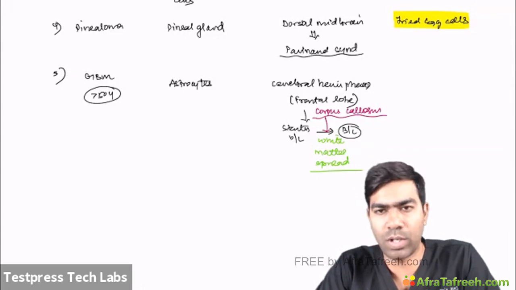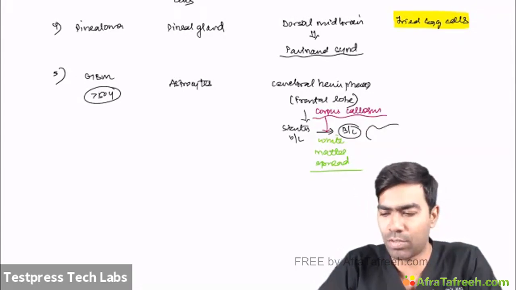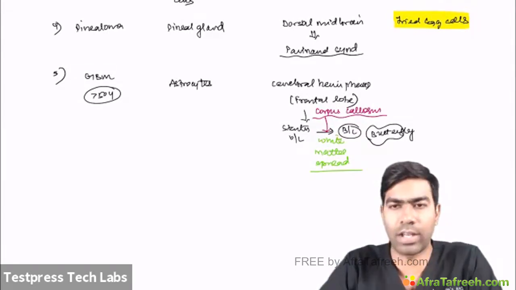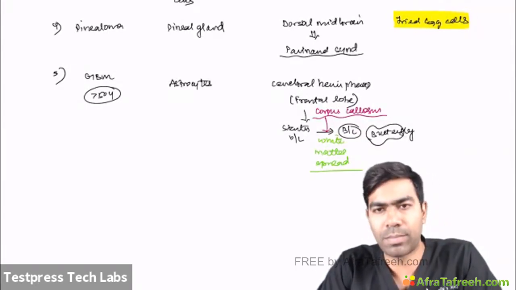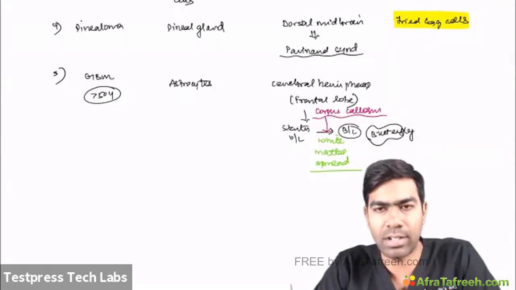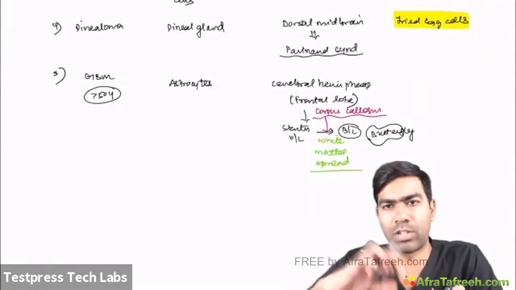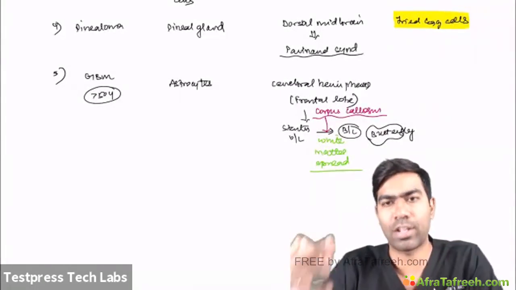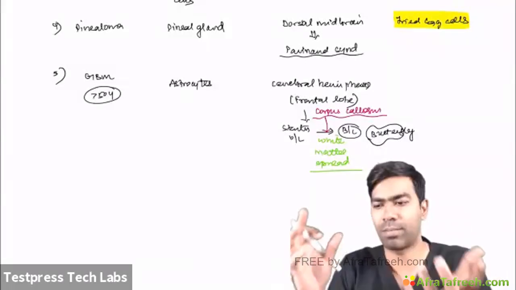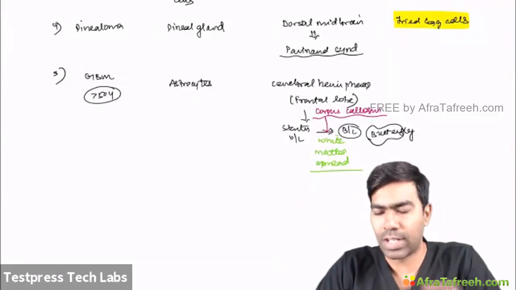Once it moves to the other side, it characteristically produces a butterfly shape. If you ask about a butterfly tumor in the brain, they will tell you it is a glioblastoma multiforme. It's a butterfly glioma because of the bilateral spread through the white matter across the corpus callosum and association fibers, producing a butterfly shape on both sides.